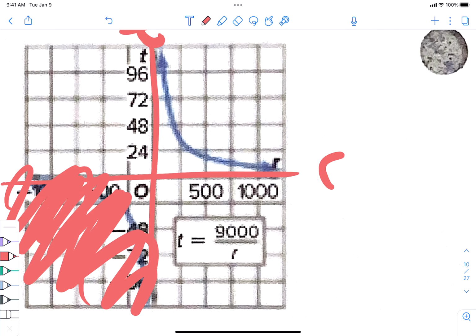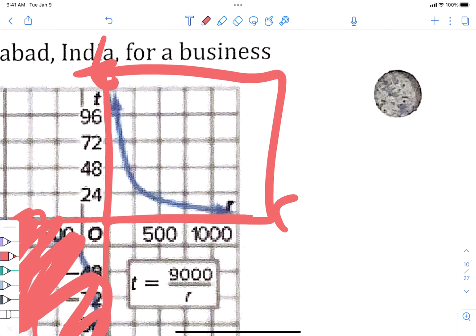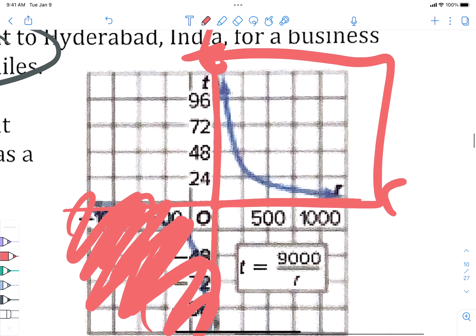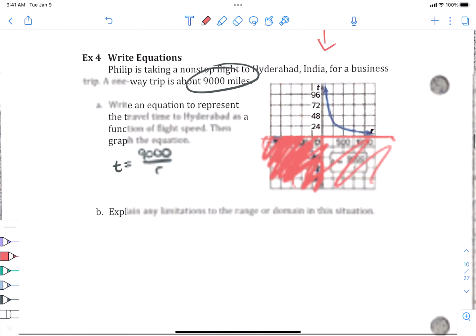They only should have graphed this part, which is fine. And it kind of looks like an exponential function, doesn't it? It's similar to an exponential function if we just look at the top boomerang. But really, if we were being realistic, there's no need for us to graph any of the other quadrants. Just the first quadrant would be fine, okay?